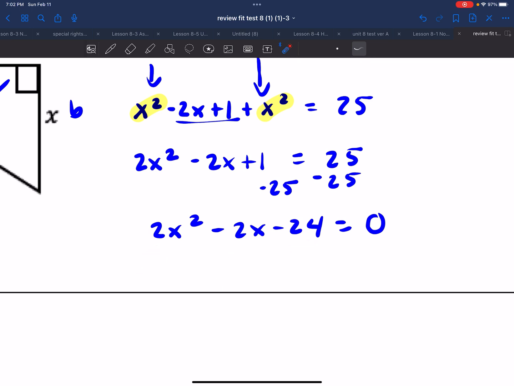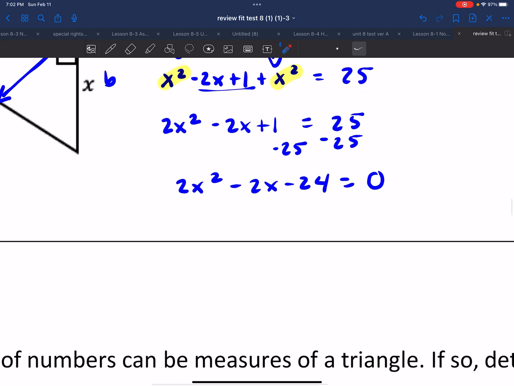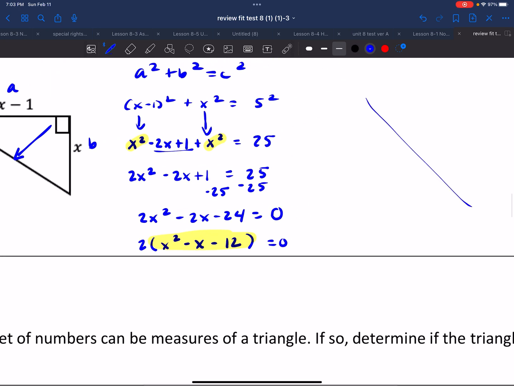It looks like what you can do is factor a 2 out. 2 times x squared minus x minus 12 equal to 0. And again, look at that. Look at this right here. That's a trinomial. You're going to use the x method. C goes up top, B on the bottom.